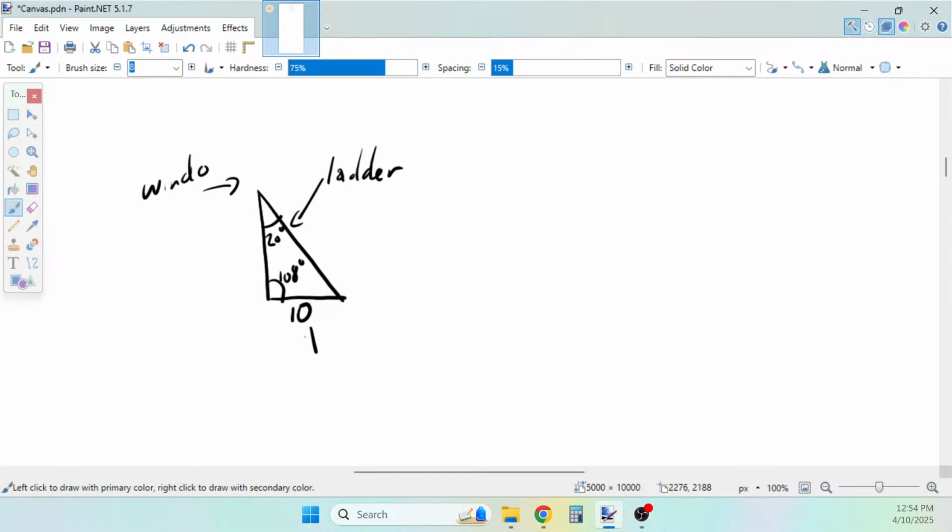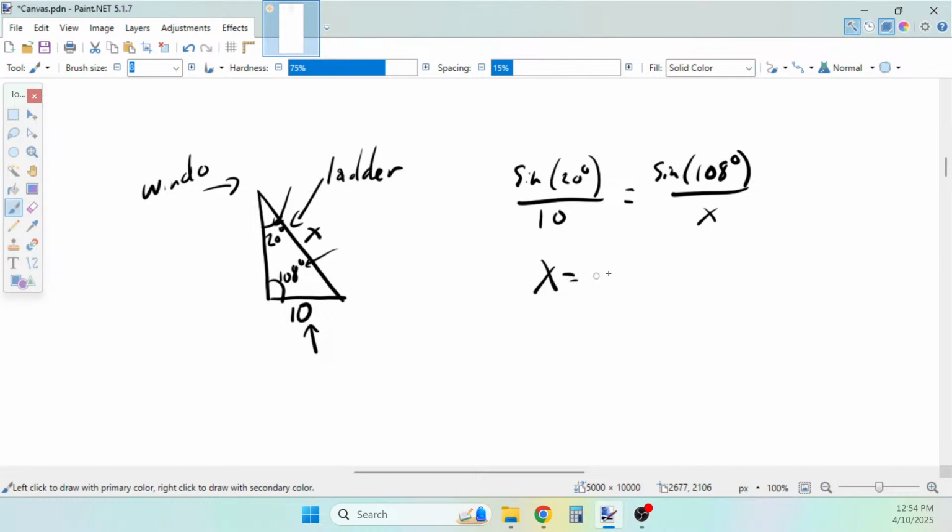So if I know this side and I know this angle, and I'm looking at this side, that gives sine of 20 over 10 equals sine of 108 over x. Multiply, we get x equals 10 times sine of 108 over sine of 20. Again, we can plug into a calculator.